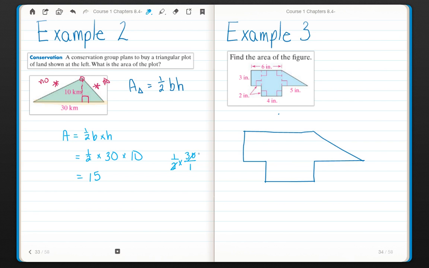I cross cancel. I get 15. 15 times 10 equals 150. Double check your units. I'm using kilometers this time. So 150 square kilometers.